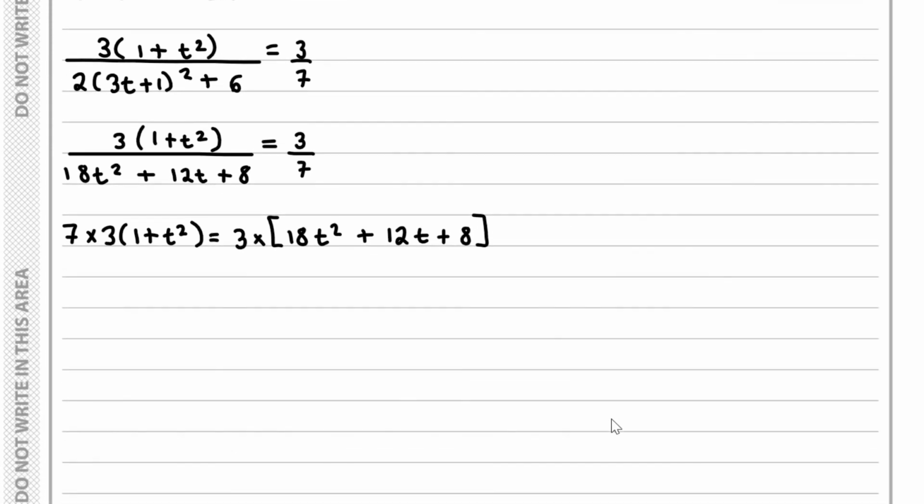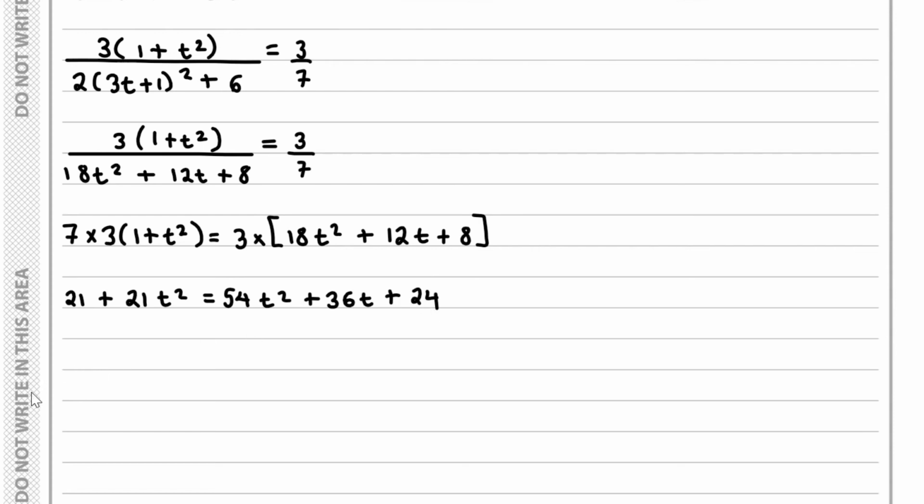So now if we expand on both sides, here we've got 21 times 1 plus t squared, so that will be 21 plus 21t squared, and here we've got 3 times 18, which is 54, so we've got 54t squared, 3 times 12, that's 36, so we add on 36t, and then 3 times 8, that will be 24.